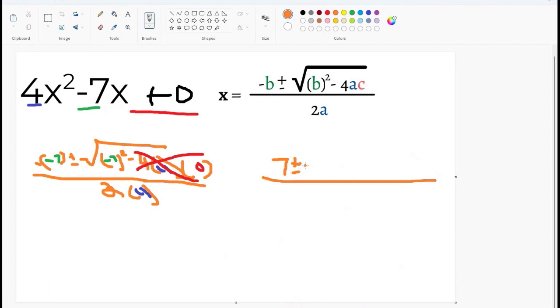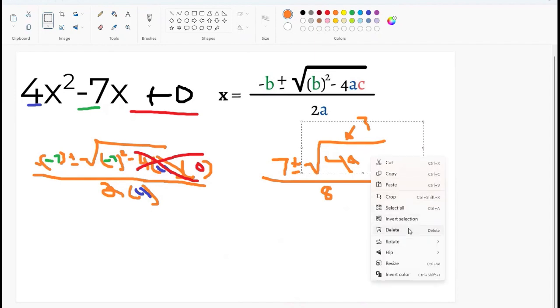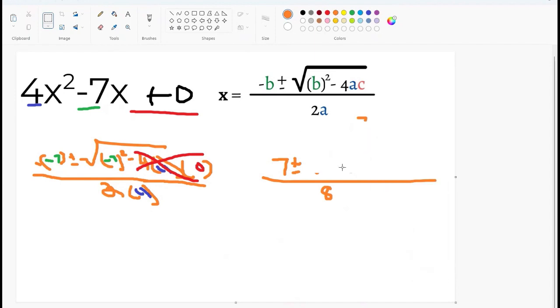Okay, anyways. 7 plus minus, and then what is -7 squared? That's 49, right? And 2a was 4, so 2 times 4 is 8. And then this is 7, right? So just 7 plus minus the square root of 49.